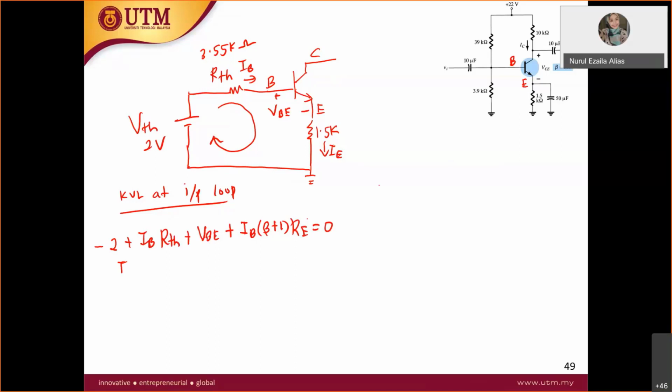So IB is equal to 2 minus VBE, which is 0.7, over RTH, which is 3.55K, plus beta, which is how much? 140, plus 1, and RE is 1.5K.